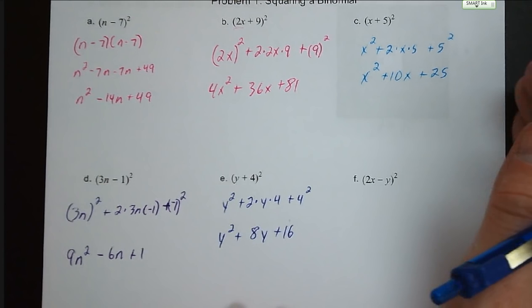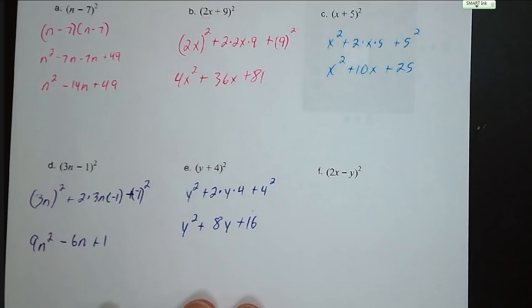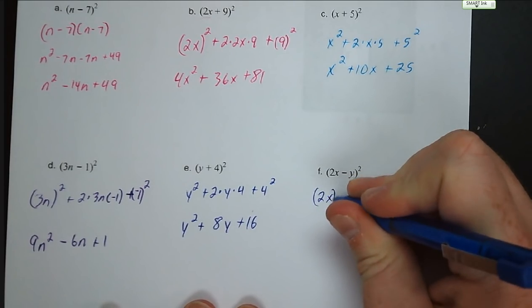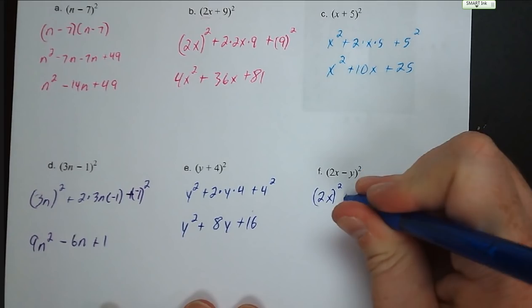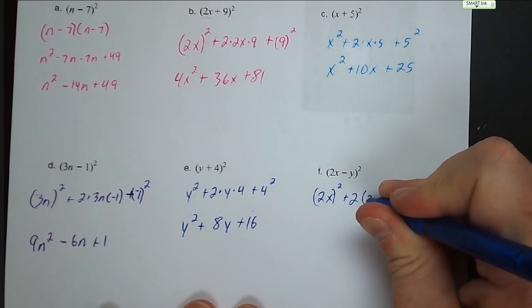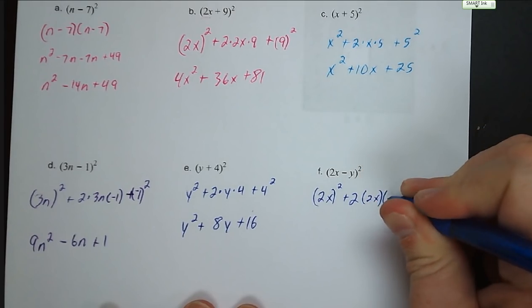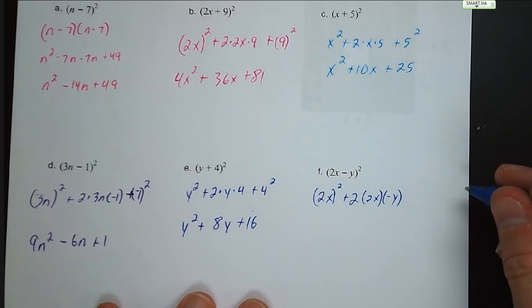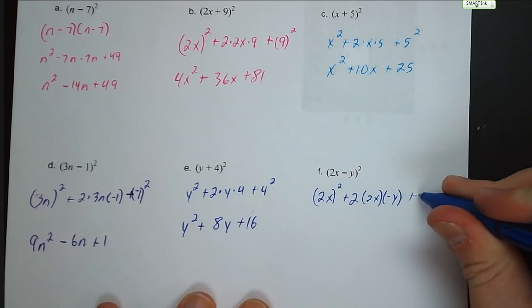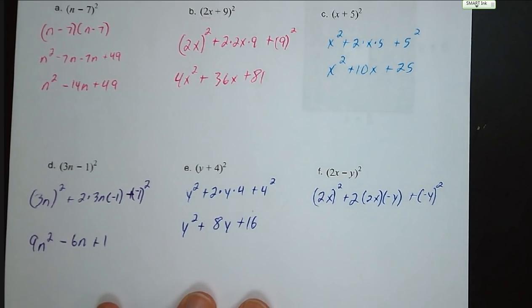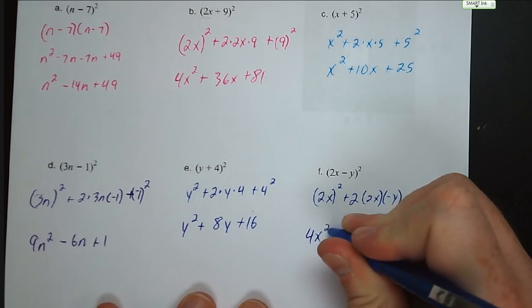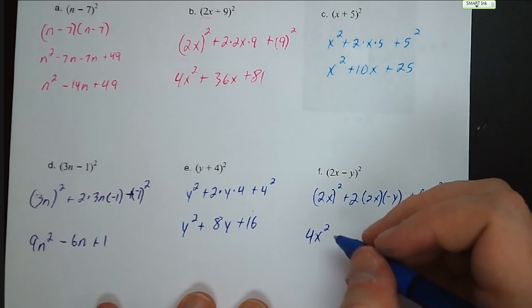Last one, 2x minus y, the quantity squared. So it's our first term, 2x, the quantity squared, plus 2 times 2x times negative y, plus negative y squared. 2x, the quantity squared, is 4x squared.